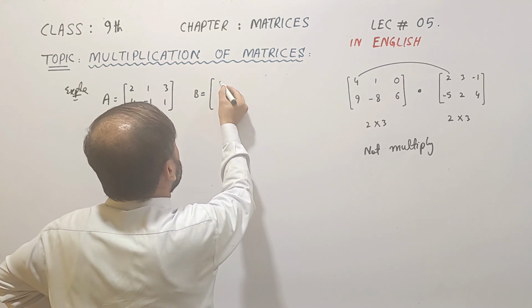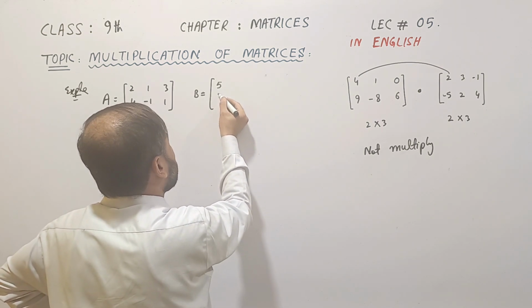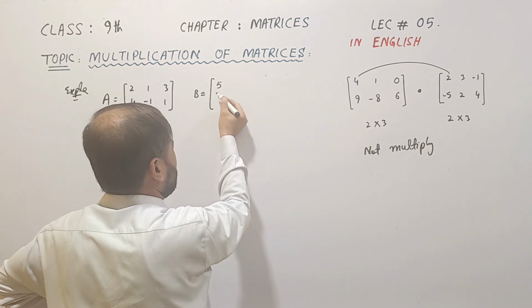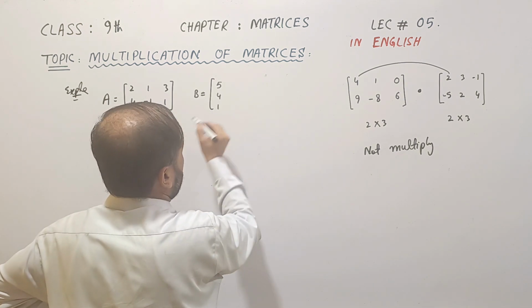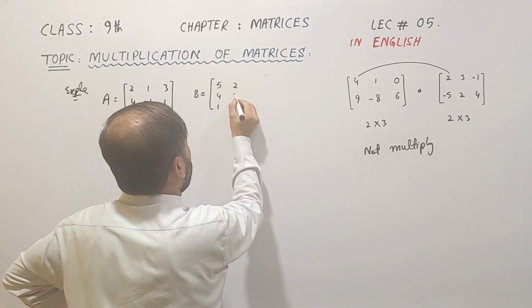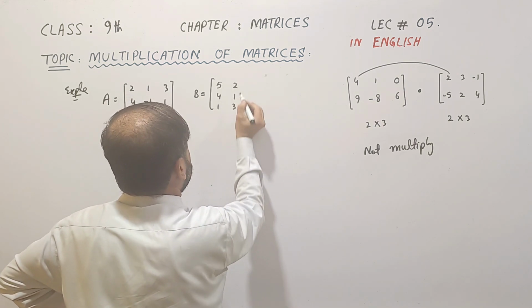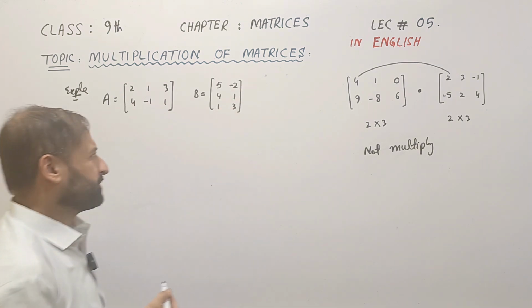Let's say those are 5, or let me take simple numbers, 4, and for example 1, 2, 1, and 3. Let's take it negative.